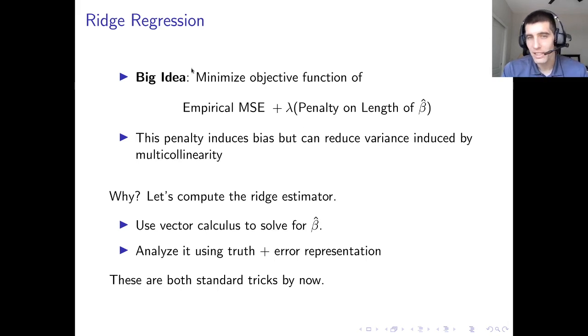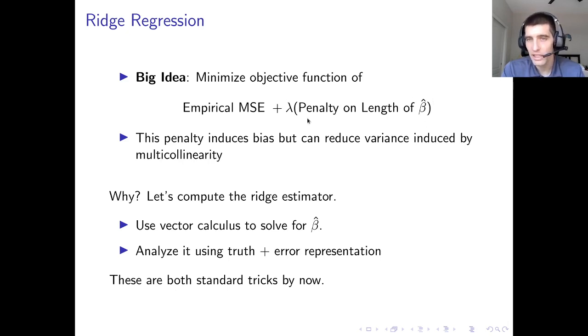So the big idea here is that by having a penalty on the size of beta hat, we reduce its volatility, right? When we have multicollinearity issues, beta hat is bouncing all over the place. It has high variance, right?